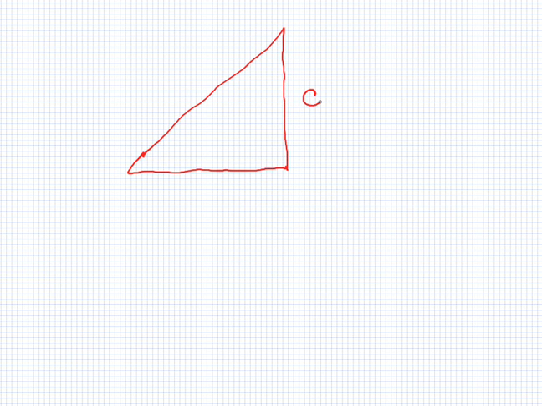This is opposite, this is adjacent. Listen carefully. In red is what we want, and in blue is what we know. So we pretend, for example, I know the direction, and also I know the hypotenuse, or if it's a vector, what's it called? The magnitude.